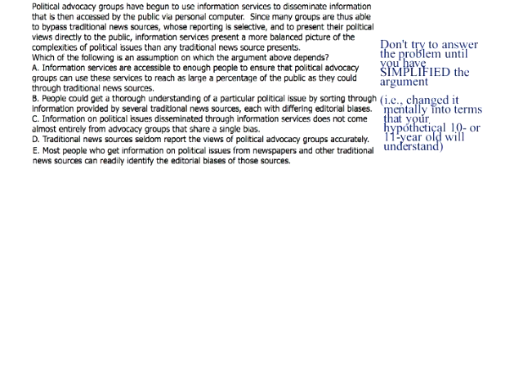Okay. So these words, man, they're terrible, but let's get them to be a little bit less terrible. Political advocacy groups have begun to use information services to disseminate information that is then accessed by the public via a personal computer. Oh my God, what a horrible sentence. Okay, information services is like the internet, right? And if you didn't get that the first time, here's personal computer.